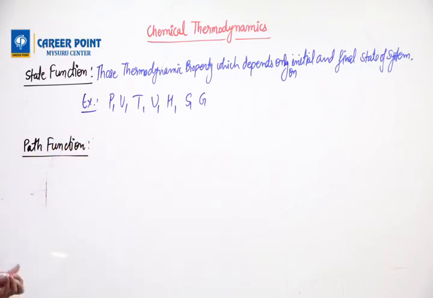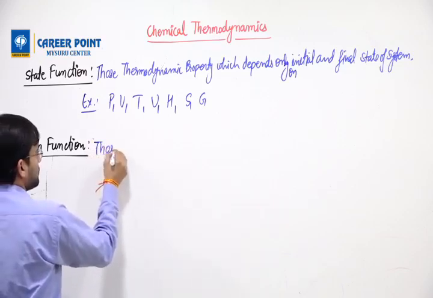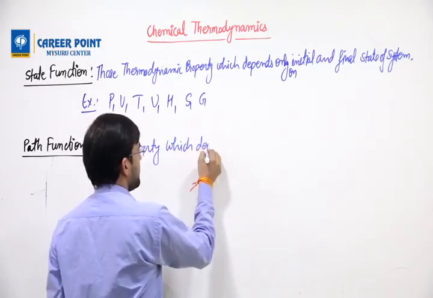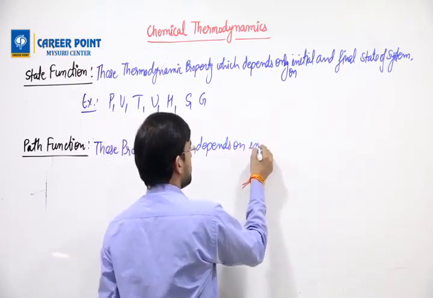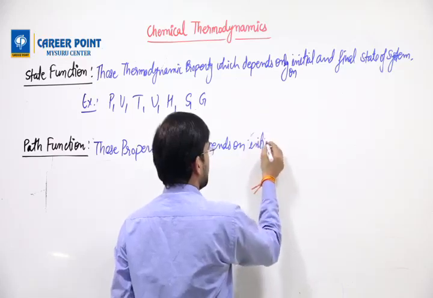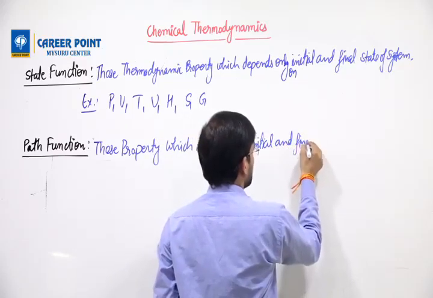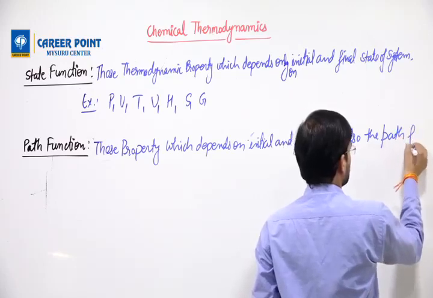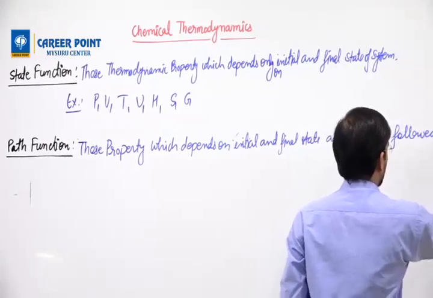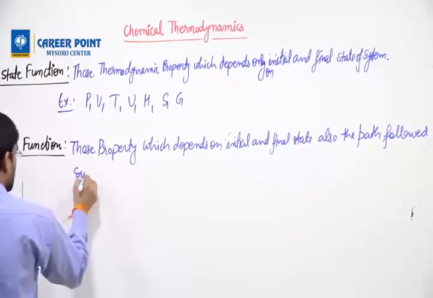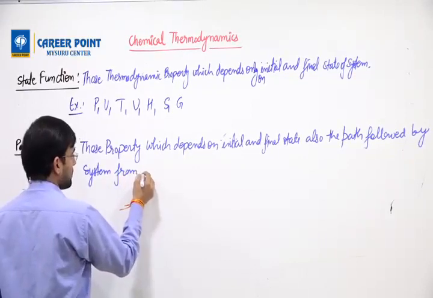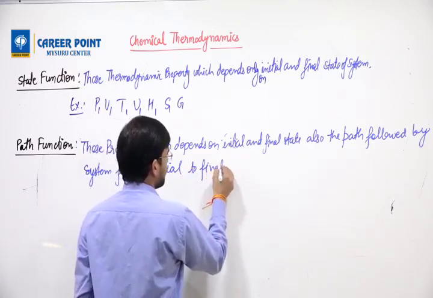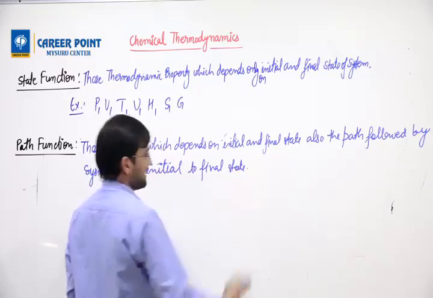Now the path function is those properties which depend on the initial and final state, and also the path followed by the system from initial to final state.